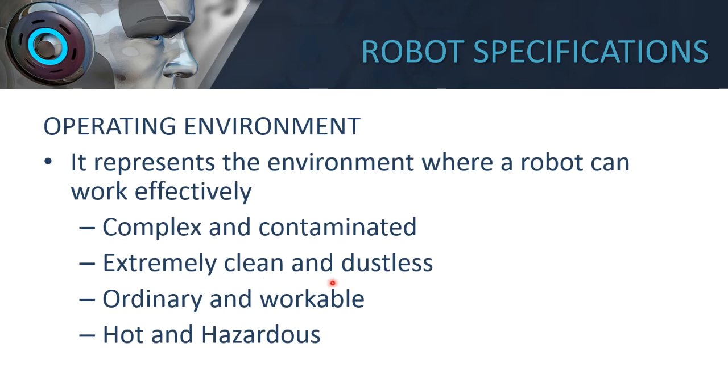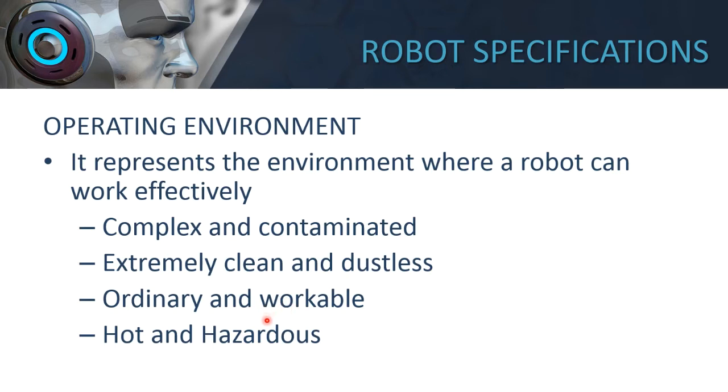And then extremely clean and dustless environment. This is actually related to the mechanical industry, wherein when you install a CNC machine, there to load the part and unload the part you can install the robot, but it has to be a clean and dustless environment. And then ordinary and workable environment always suits your domestic application.